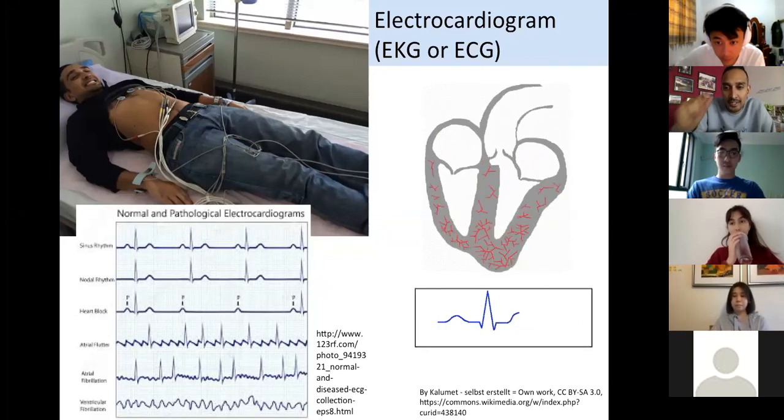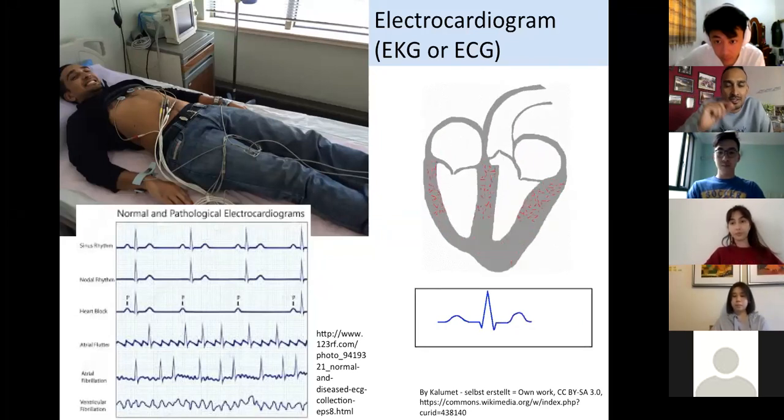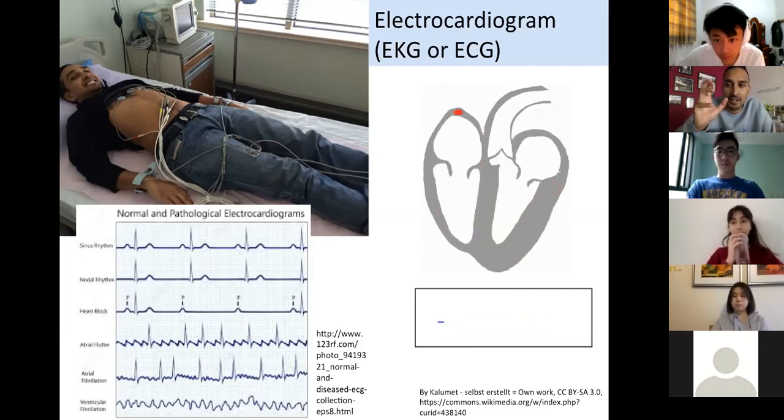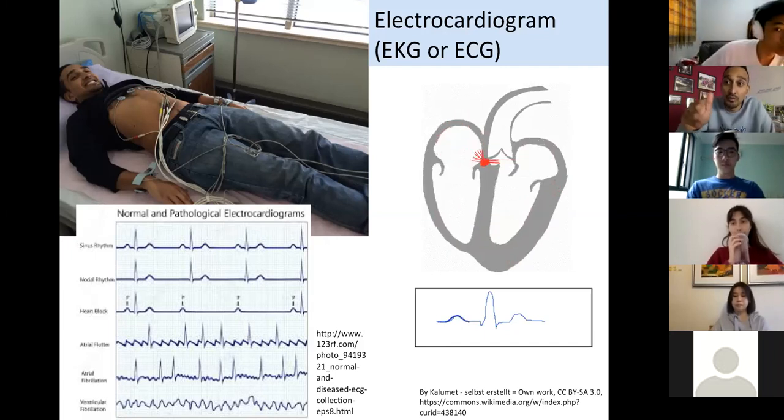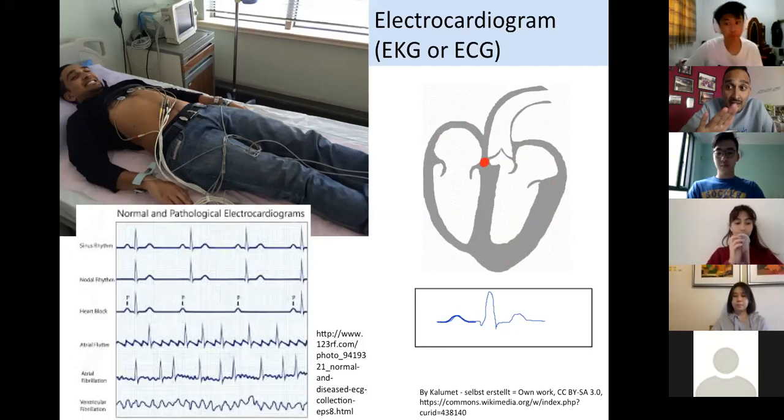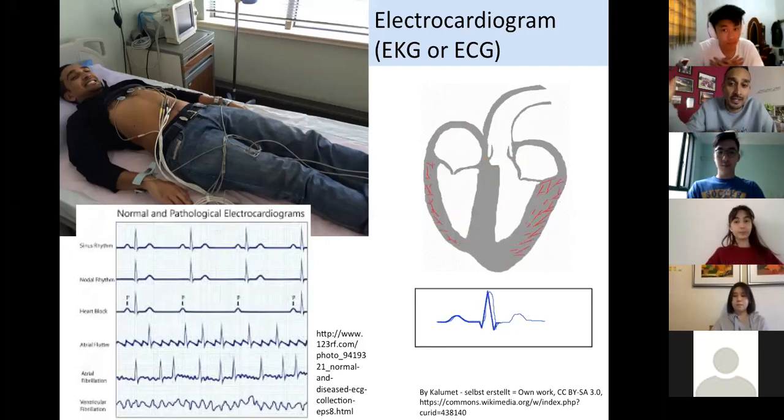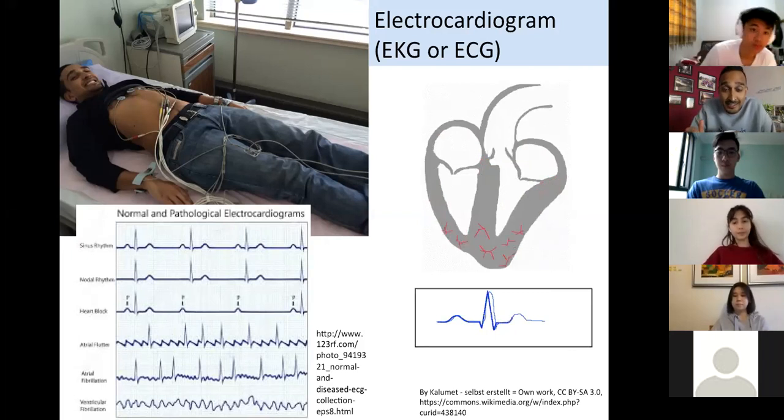Now you're wondering, what's the connection here? A heartbeat is a muscle contraction, right? Shouldn't you be looking for a sensation or a movement or some kind of feeling for the heart sound or for the heart function? Why are they looking at electricity?